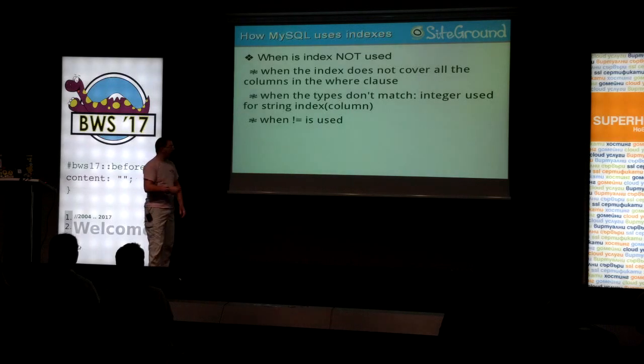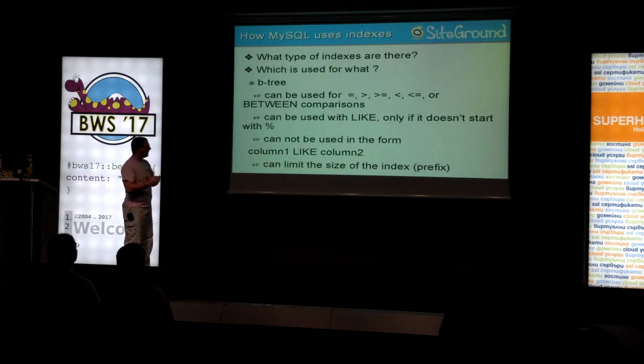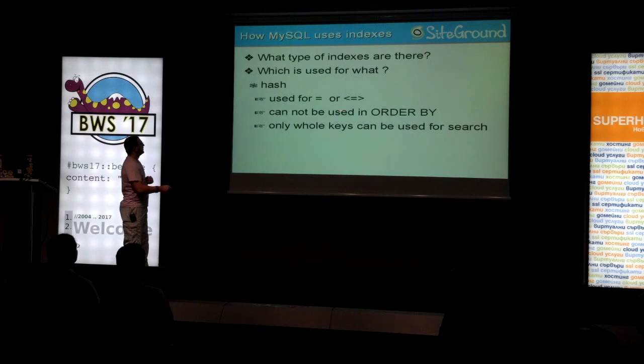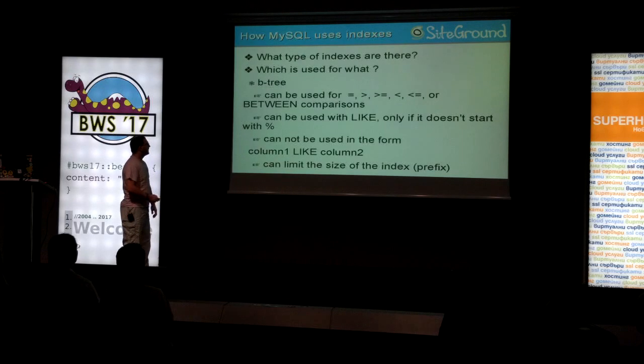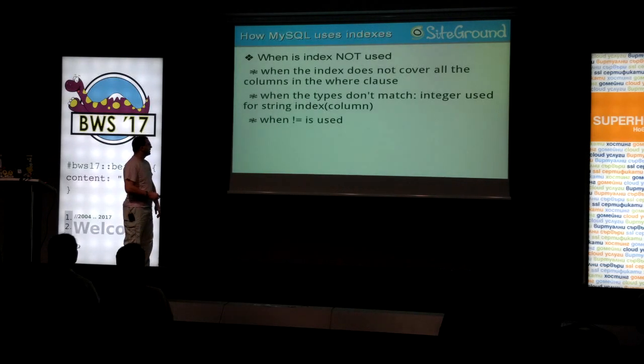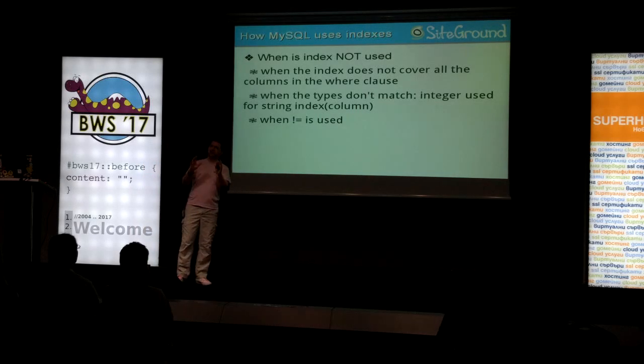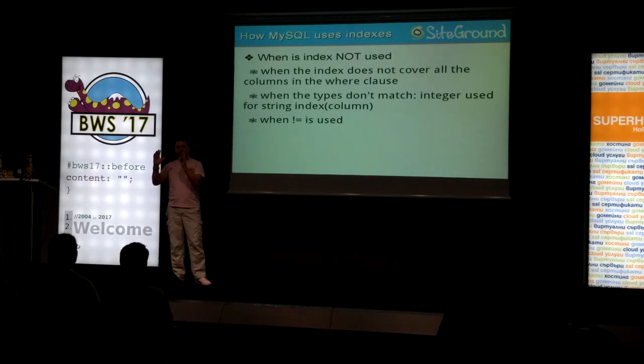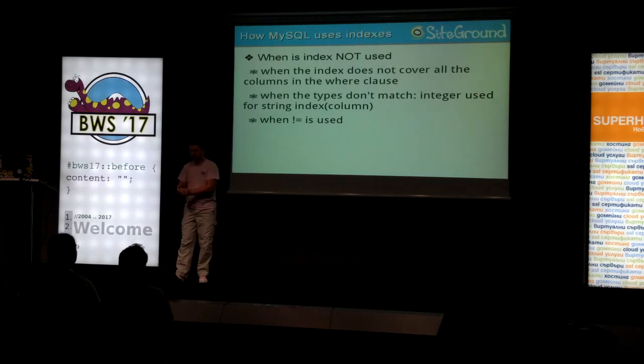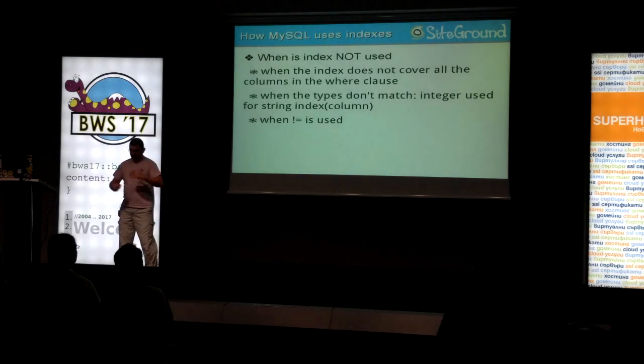You can use hash indexes with not equal, but everything else cannot be used with not equal. This means that when the MySQL optimizer sees your not equal part of the where clause in your query, it simply dumps all indexes and goes to full table scan, and that's it.